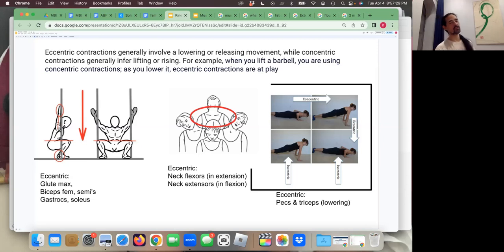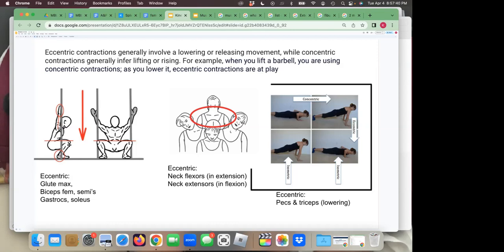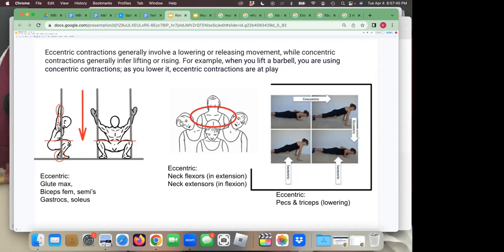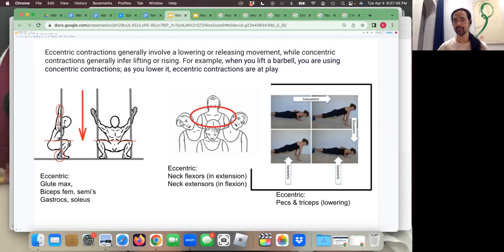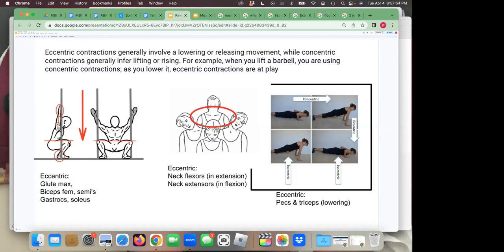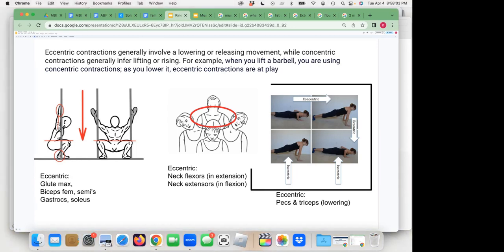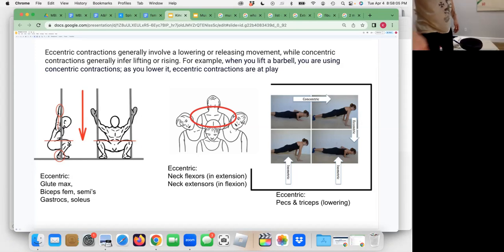So if there's dorsiflexion happening as you squat down, what's happening in the tibialis anterior muscle? Is it shortening or lengthening? Shortening. Does everyone agree? Lengthening. So everybody stand up, and I want you to look down at your feet and do a squat.